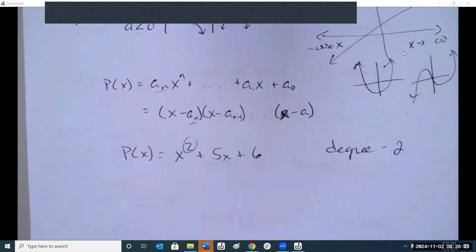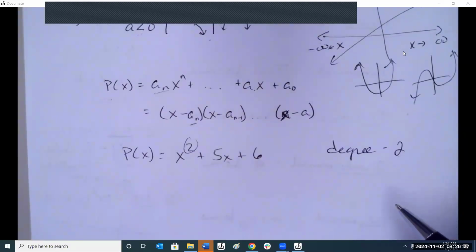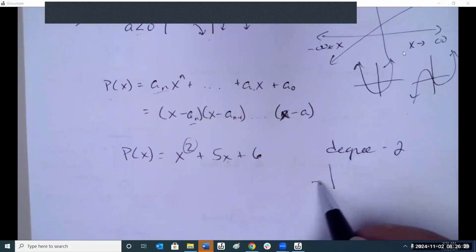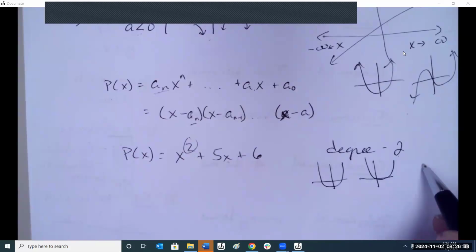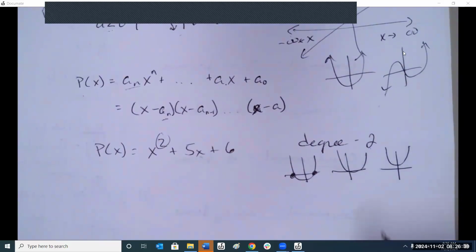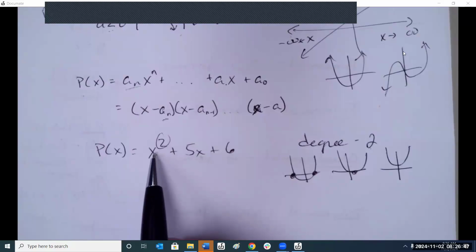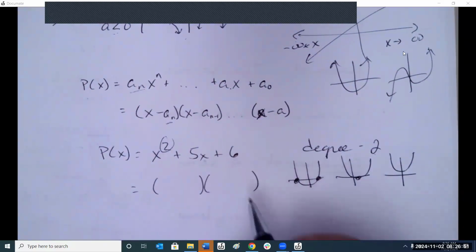So that means we have a maximum of 2 possible x-intercepts. It could just touch once, or it doesn't touch at all. So we know we're supposed to have at most 2 x-intercepts. So let's factor these.